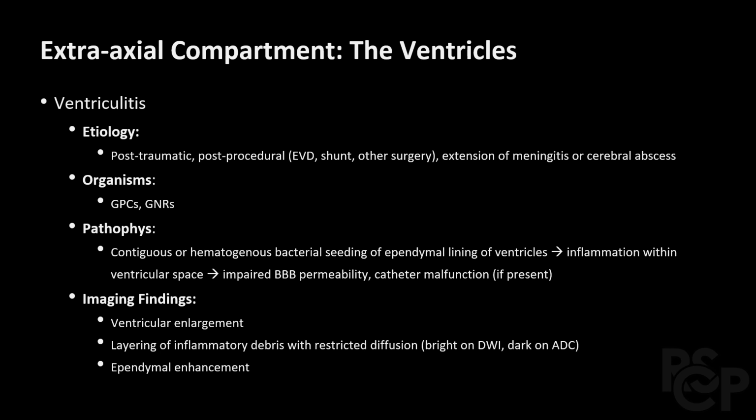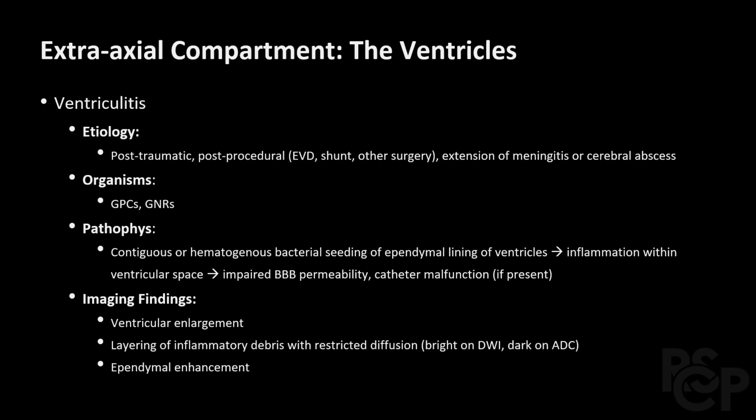Imaging findings for ventriculitis will classically show ventricular enlargement that is due to the pathophysiology that I just covered: the impairment of the permeability of the blood-brain barrier and, if applicable, malfunction of the catheter cause accumulation of CSF in the ventricles, causing them to enlarge, which will be visible on imaging.